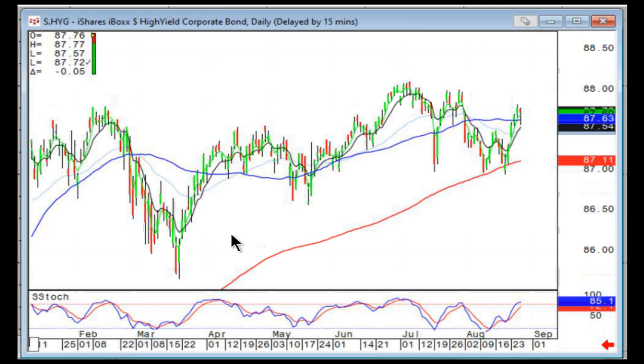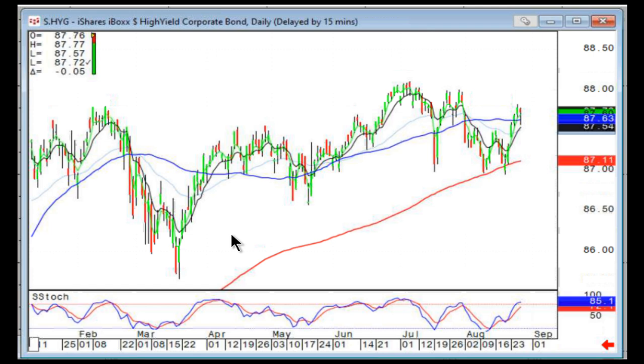So with high yield bonds, what they can give us insight into is what the bond market thinks of the stock market. Just to put it in really simple terms, high yield bonds, or another term for them is corporate junk bonds, is a place where if big money, the bond market, and they are really smart money, the bond market is substantially bigger than the stock market many times over, right?